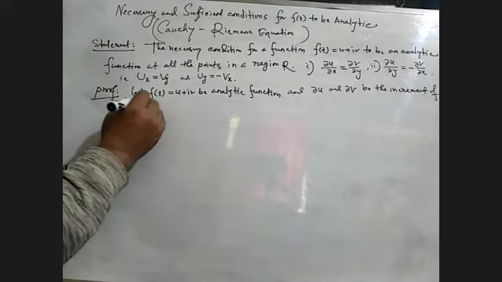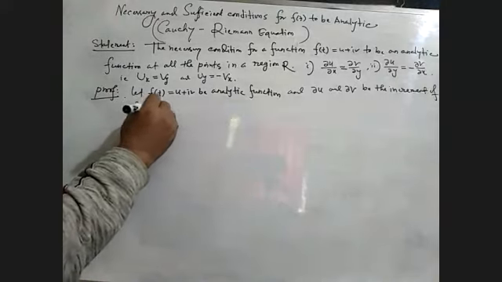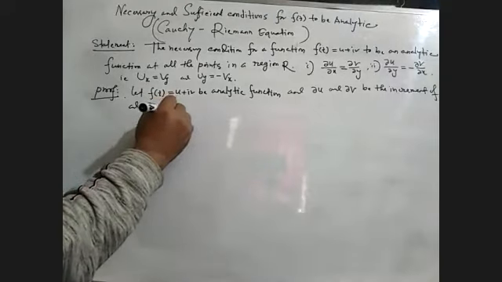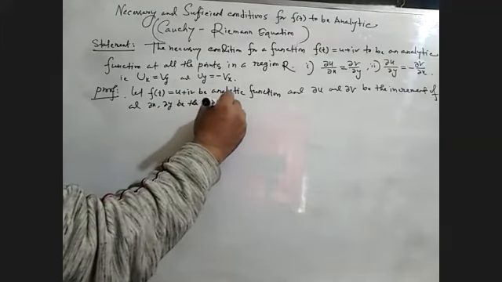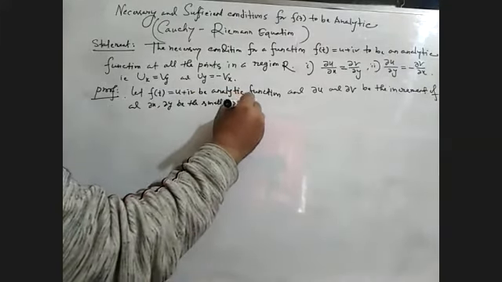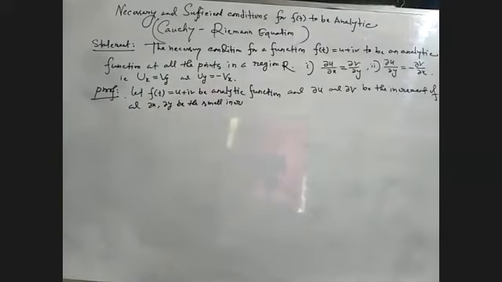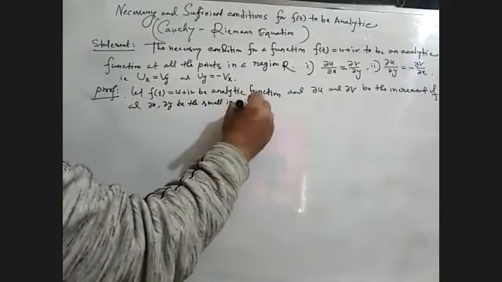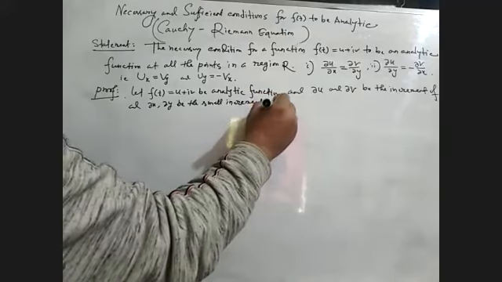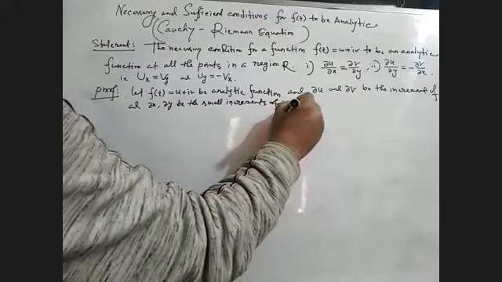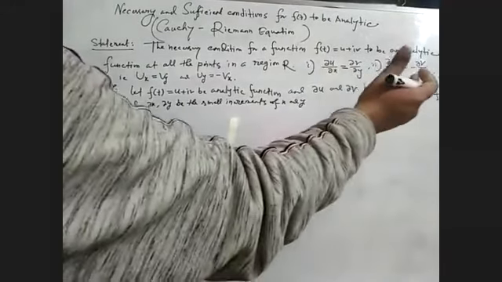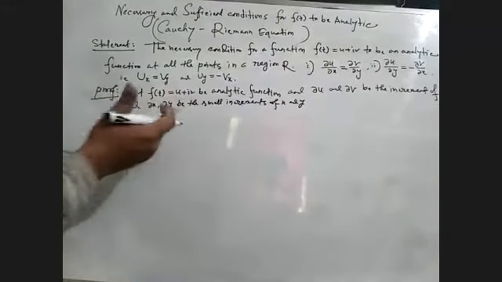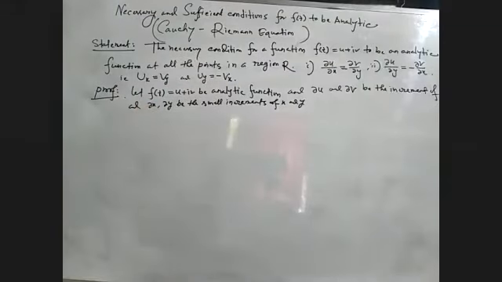And let del x, del y be the small increments of x and y. The rate of change of u and v will be del u, del v, and the rate of change of x and y will be del x, del y.